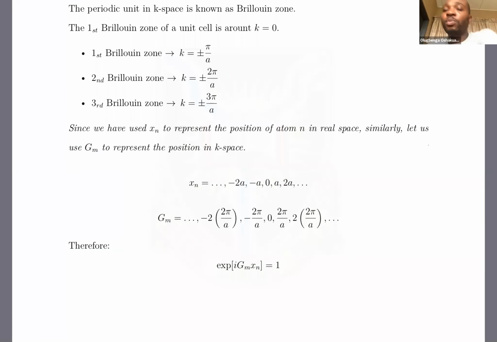So, in the real space, we speak about having positions xn, while in the reciprocal space, we talk about having positions gm.